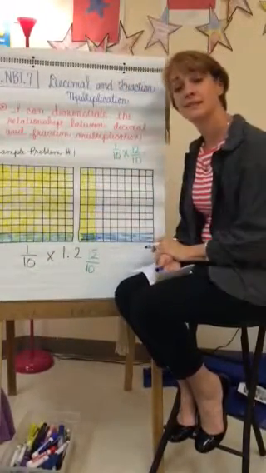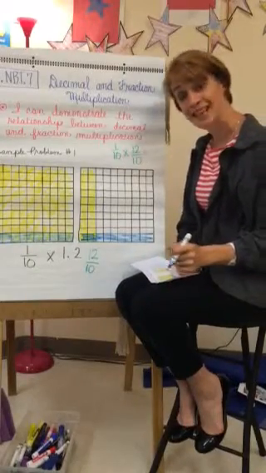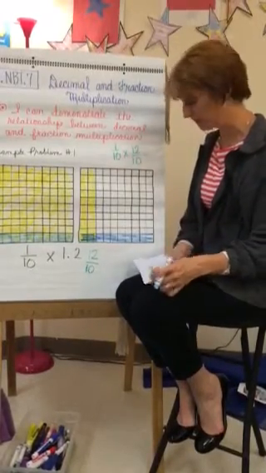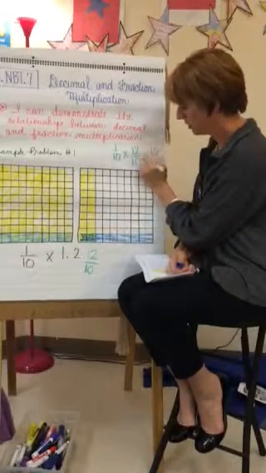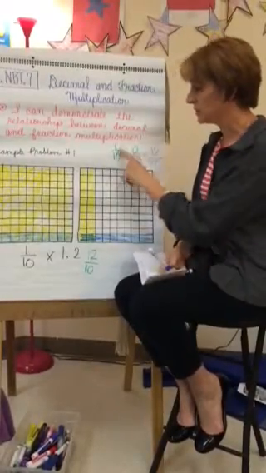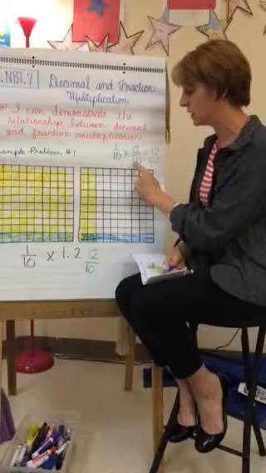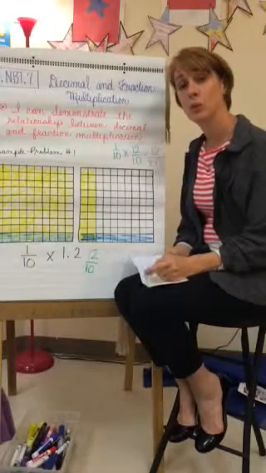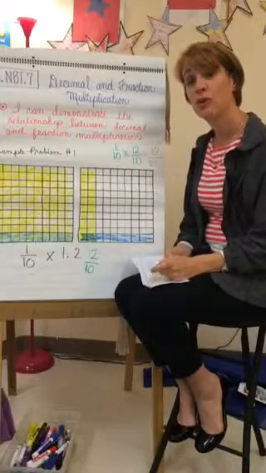So they would then say that 1/10 times 1.2 would be 12/100ths. They would get this answer by simply multiplying our numerators: 1 times 12 equals 12, and 10 times 10 equals 100. 12/100ths.